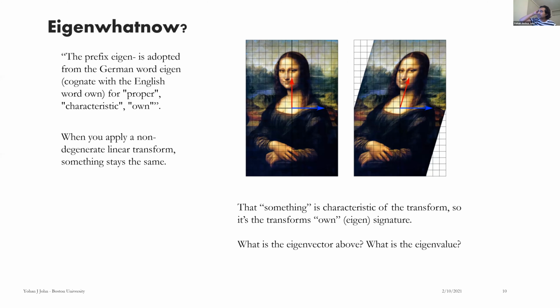And that something is characteristic of that particular transform. So it's the transform's own eigen signature. Now, again, just based on what you look at, between the blue and the red vectors in this transformation from the left to the right, which is the eigenvector first?